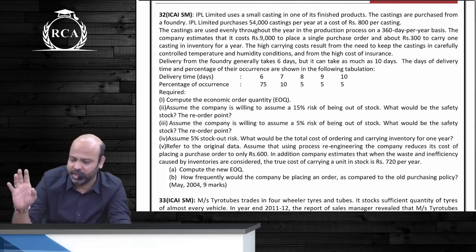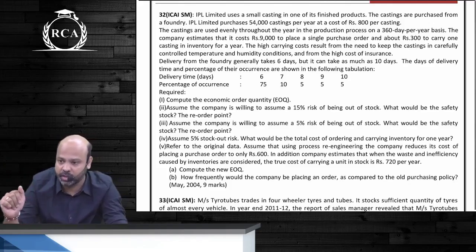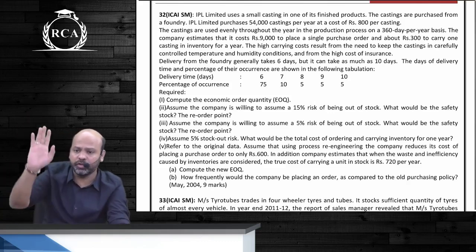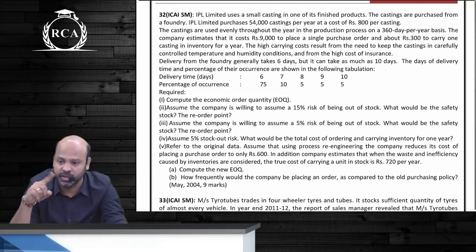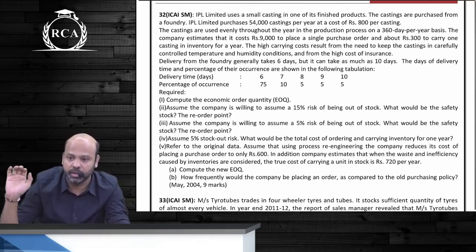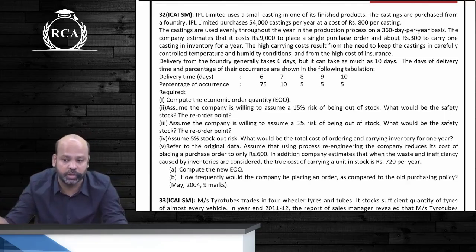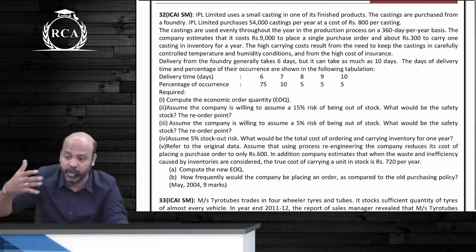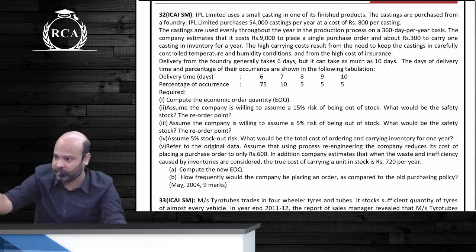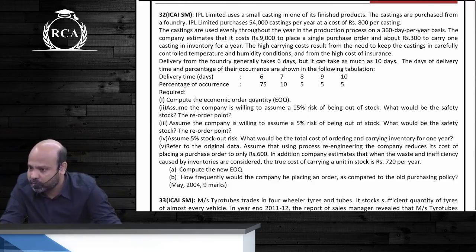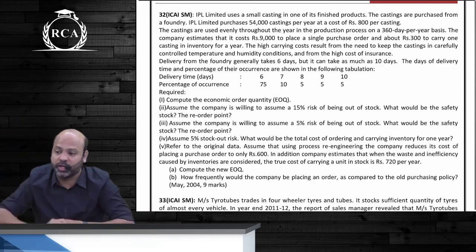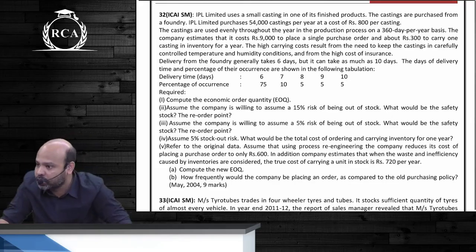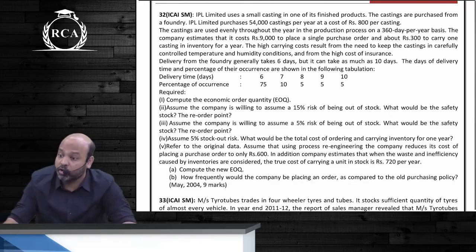Average lead time into average consumption is 6 days into 150, 900, plus there should be some safety stock. If this safety stock is for 4 days, my reorder level is now based on maximum lead time, that is 10 days consumption. And if I base my reorder level on 10 days consumption, there will not be a situation of stock out. Is it understood? When will stock out happen, guys?